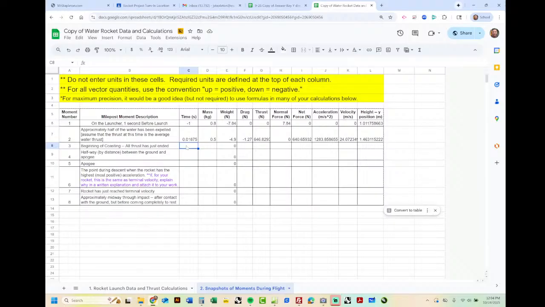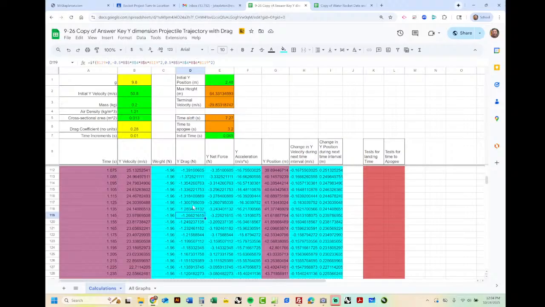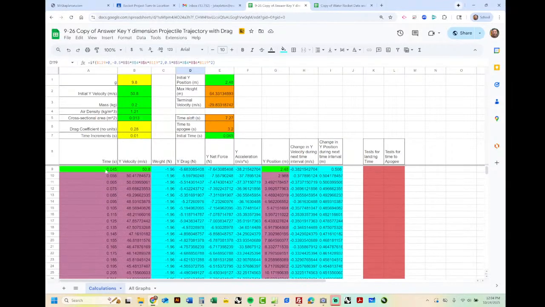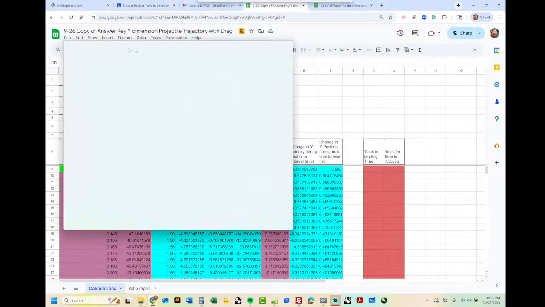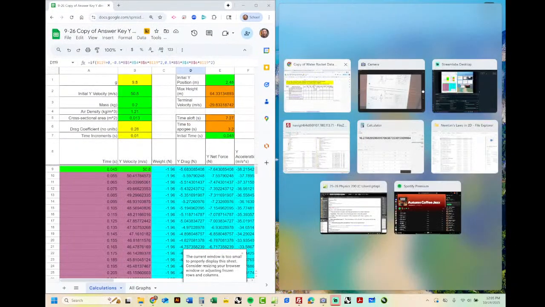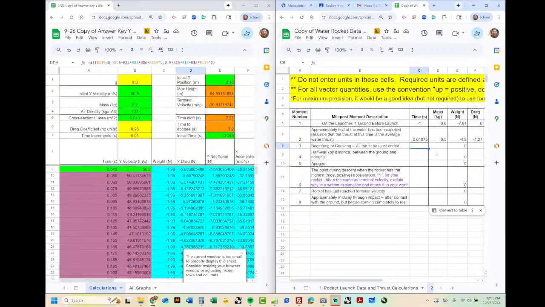Beginning of coasting, all thrust is just ended. So that's this top row. If you did everything right, that's all this stuff. So I could just get whatever I need from right there, assuming you've done this right. I'm tempted to split my screen. Try that. Okay, so the time is 0.45 seconds.